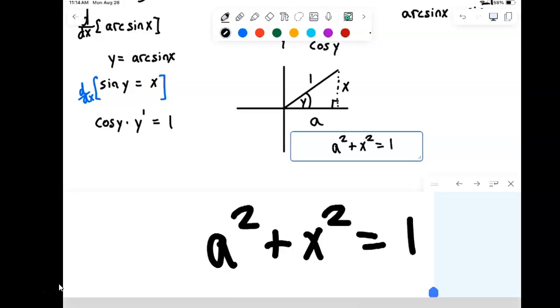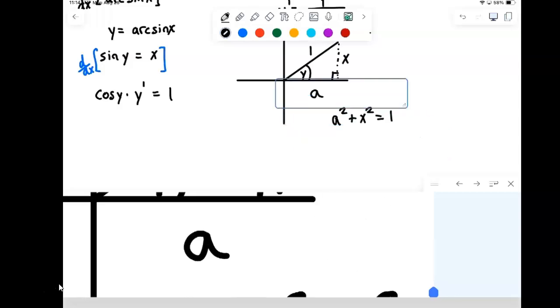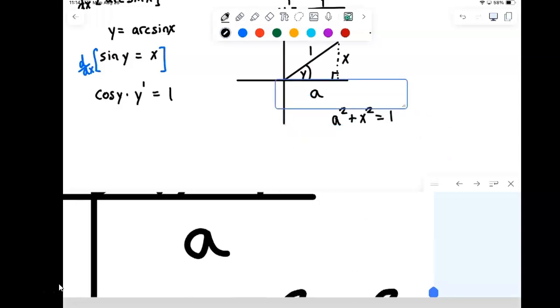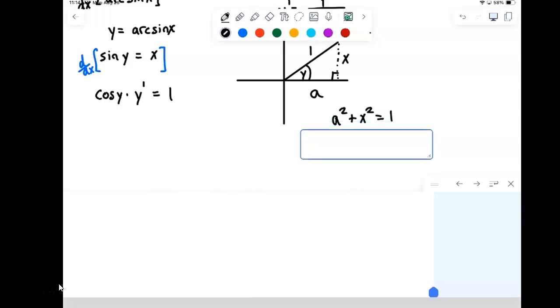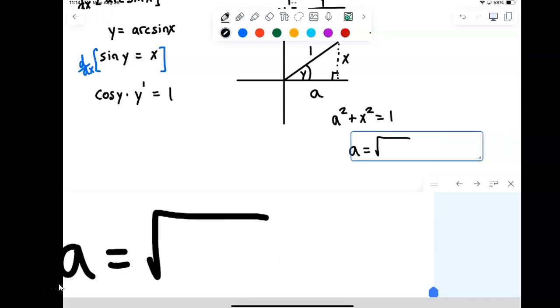So we bring the x squared over and take a square root. Now, A is on the positive x-axis, so when we do the square root, normally it would be plus or minus, but we're going to do just the positive one because it's positive. We'll have A equals the square root of 1 minus x squared.